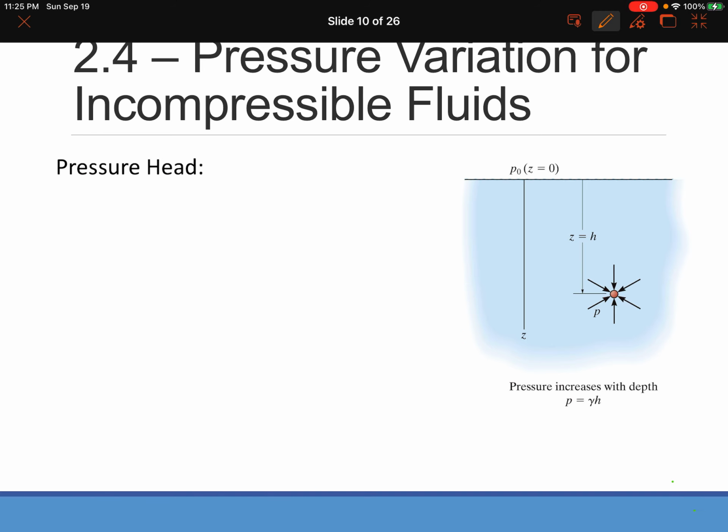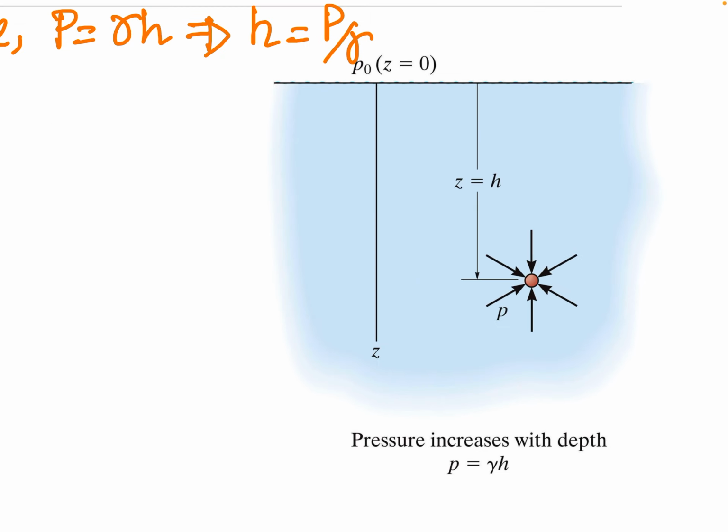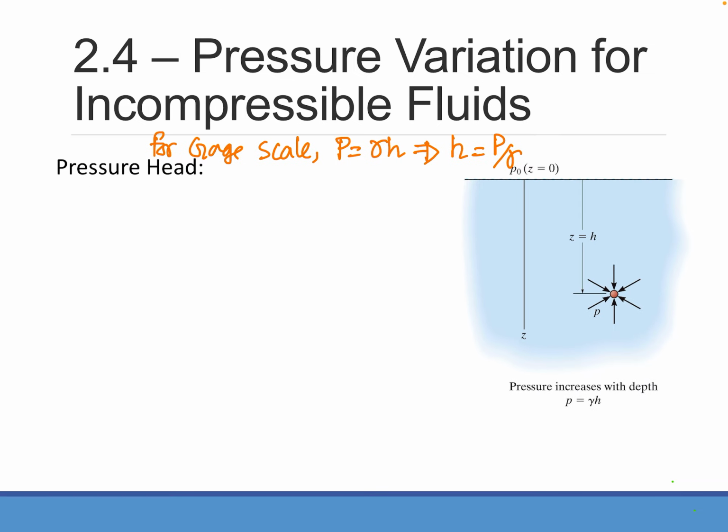Now once we know that, one more thing. For the gauge scale, we just discussed that P equals gamma H. Now, if you rearrange this equation, H equals P over gamma, and this is actually called the pressure head.